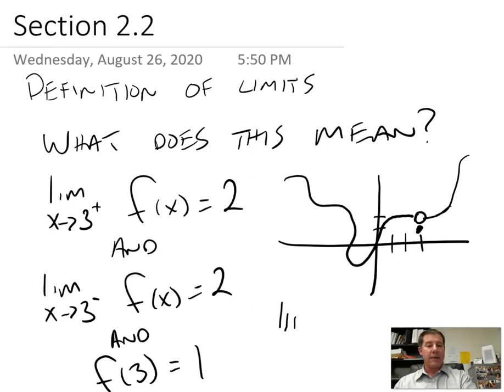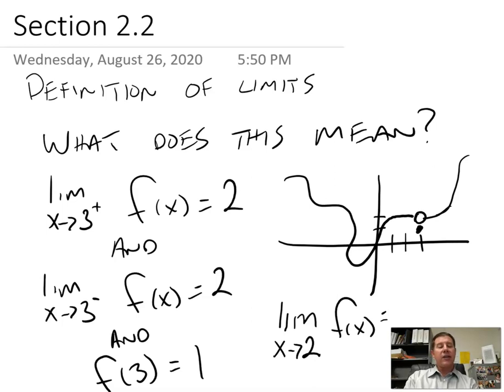If I look at the limit as x approaches 2 of f of x, that is called a two-sided limit. I now need to approach 2 from both sides. As we look at our graph, I approach from both sides, and I need to approach the same value for that limit to exist.